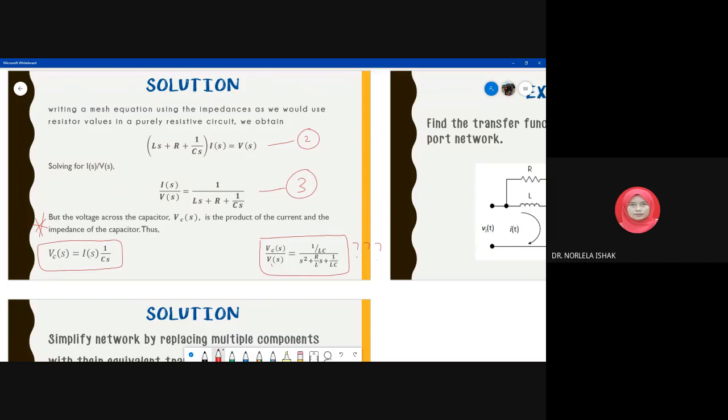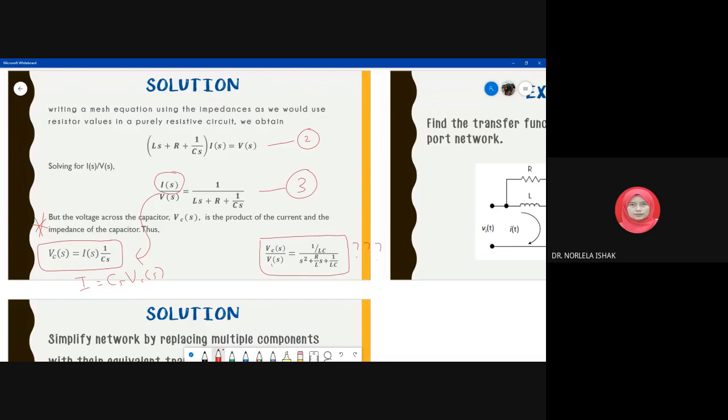Is it possible we change this current with this one? So from here, what is the current from this equation? Current equals, is it like this, guys?